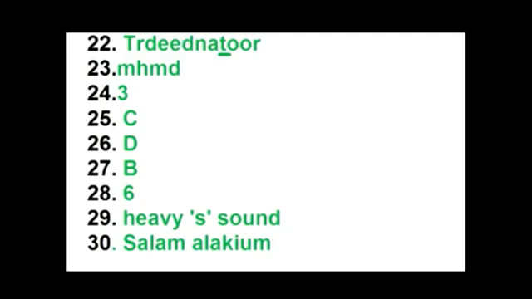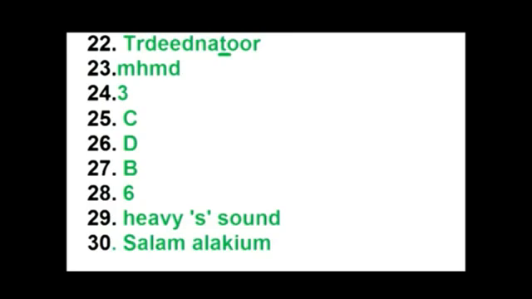I apologize. 23 was asking you to read a word, spelled with meem, ha, meem, and dal, which a common speaker would recognize as spelling the name Muhammad, even without the short vowels.